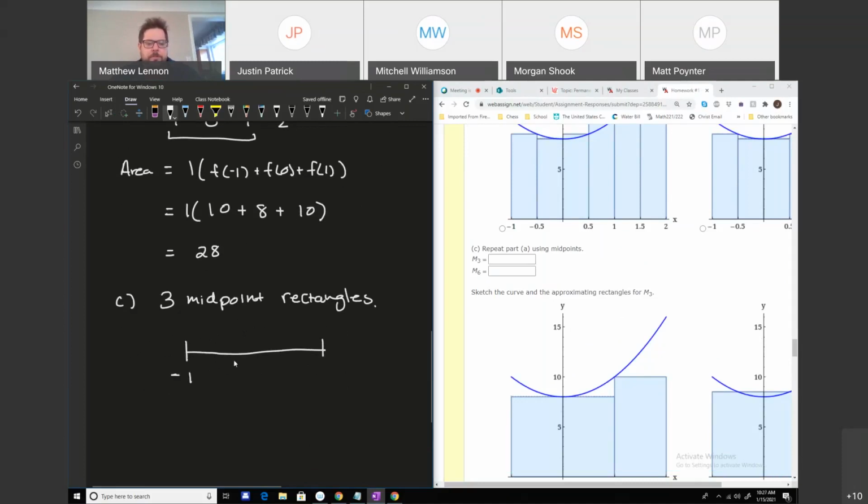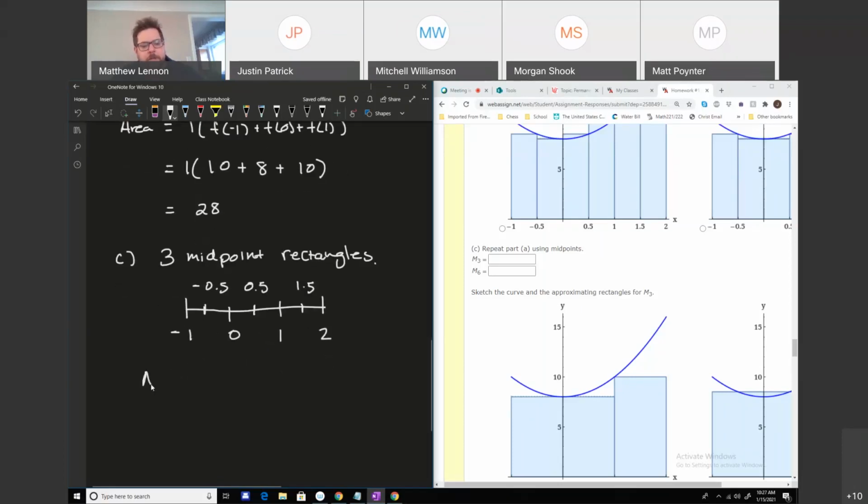So we have -1, 0, 1, and 2. We actually care about the midpoints on each one. So we care about these three middle lines, which are going to be -0.5, 0.5, and 1.5. So our area formula gets adjusted a bit. We're now plugging in those middle points into our function. So it's going to be f of -0.5 plus f of 0.5 plus f of 1.5.